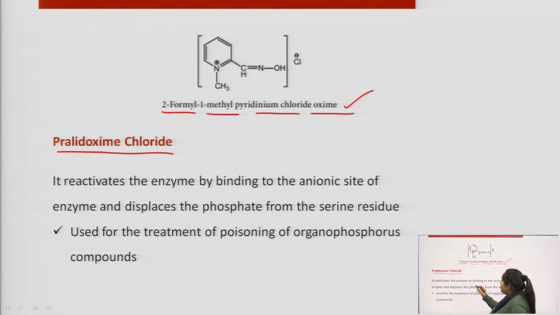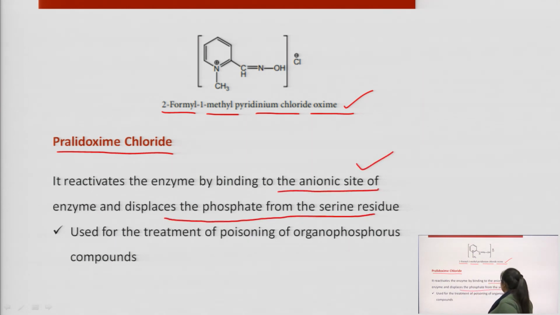It reactivates the enzyme by binding to the anionic site of the enzyme and displaces the phosphate from the serine residue. As we have studied earlier, cholinesterase inhibitors bind to the anionic and ester site so that they can stop the activity of the cholinesterase enzyme.